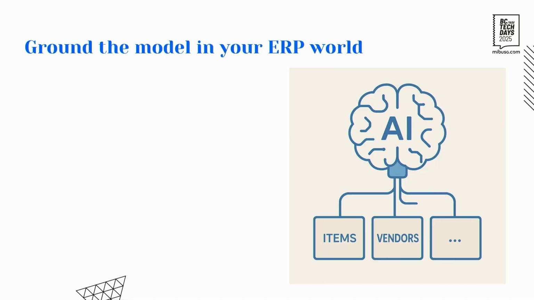To start with, grounding the model in your ERP world. As we all know, these models are trained on the entirety of the internet. It knows about ERP and it knows about Business Central in general, but it does not know about how your environment is set up. So you have to make sure that the model is grounded with your configuration or your environment.